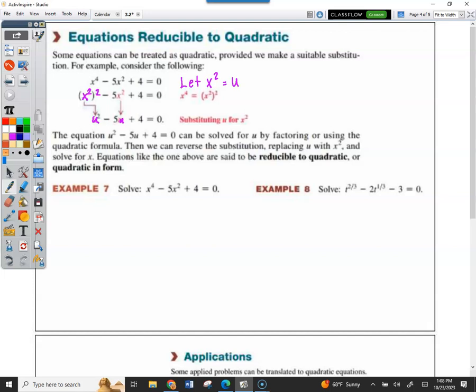Make sure to keep that in mind. Degree 4 means possibly 4 solutions.